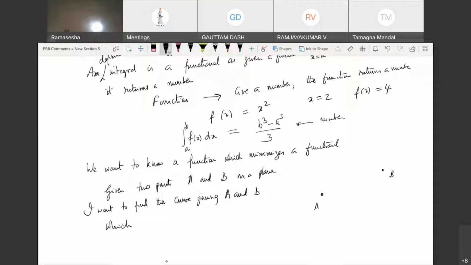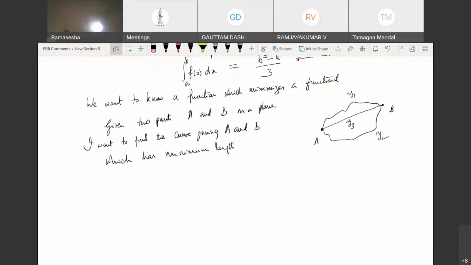One function can be y1, another function can be y2, and a third one can be y3, and so forth. So I want to find out from amongst y1, y2, y3, an infinite number of functions that can be drawn between A and B, the function that gives the distance between A and B which is minimum. And what is the distance between A and B?